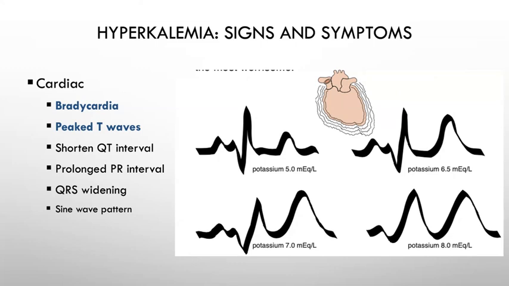You can see the general signs of cardiac hyperkalemia may include bradycardia, peaked T waves, like I mentioned, the QRS widening, and then the sine wave pattern, as you see on the bottom right, with a potassium level of 8 milliequivalents per liter.